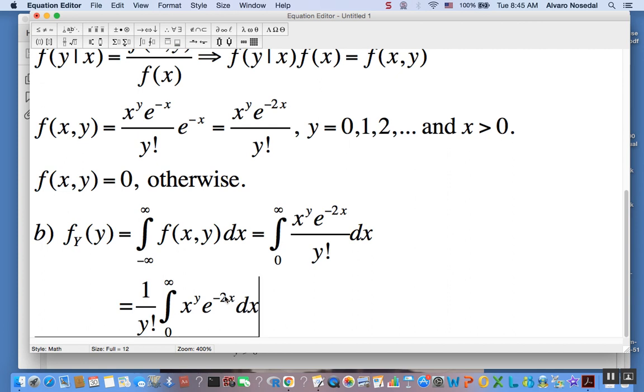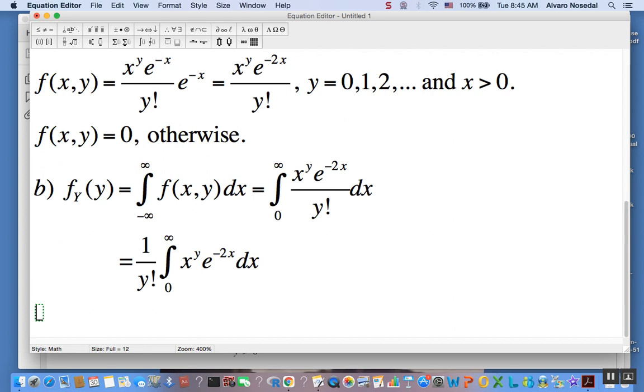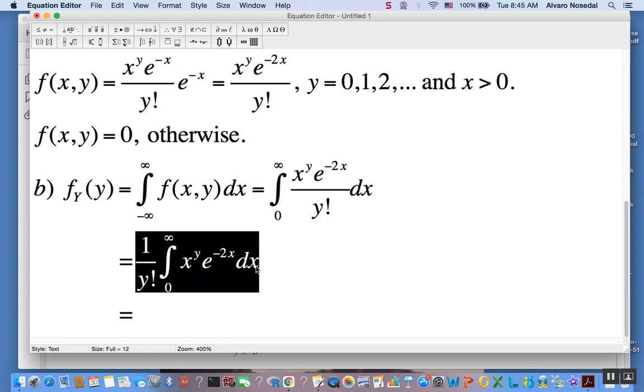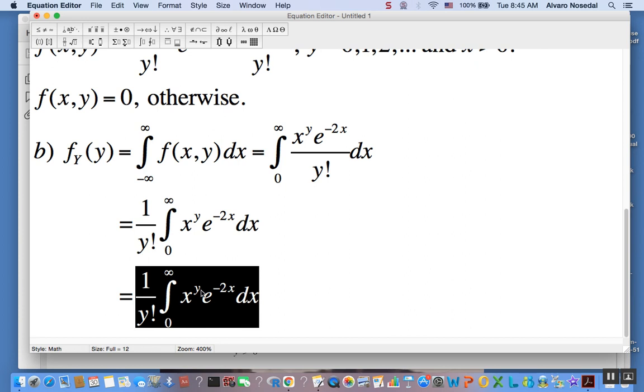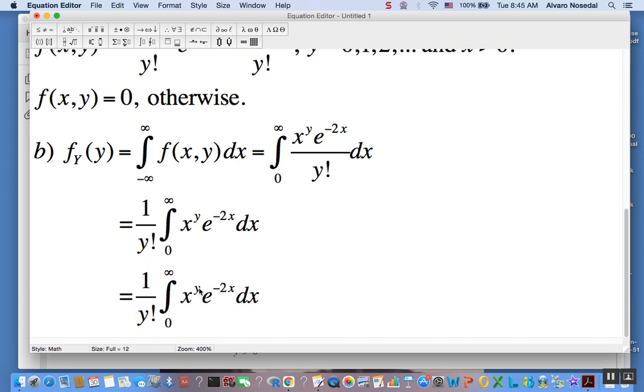The beta, we already have it. We can see from here that beta is going to be equal to 1/2. This one, we almost have it in the form that we need. Let's just make it super explicit. So x to the power y is the same as x to the power y plus 1 minus 1. Agreed?